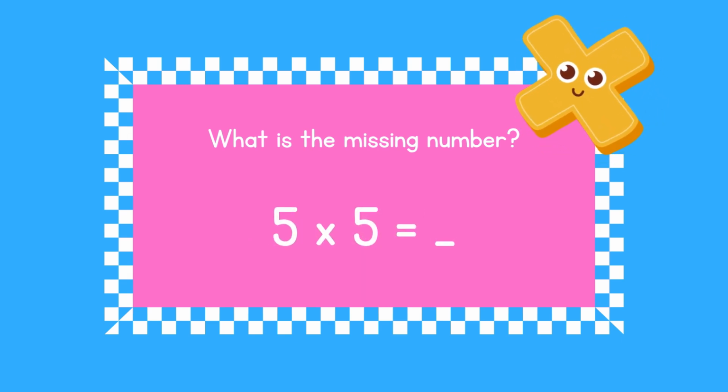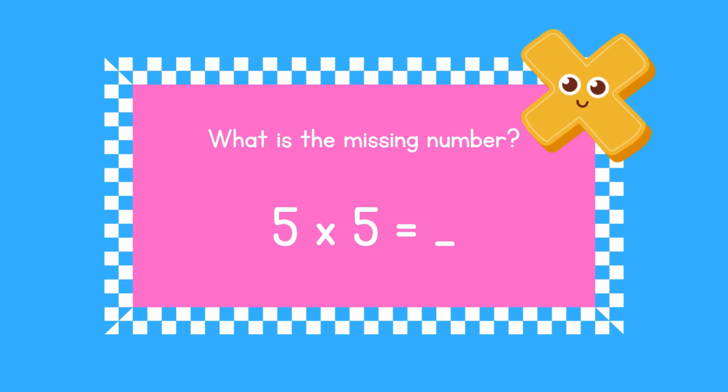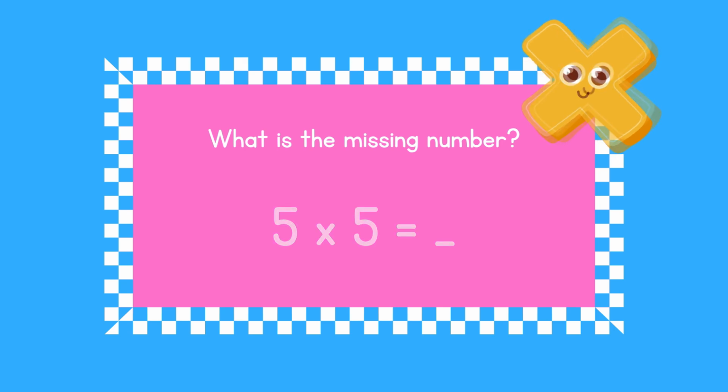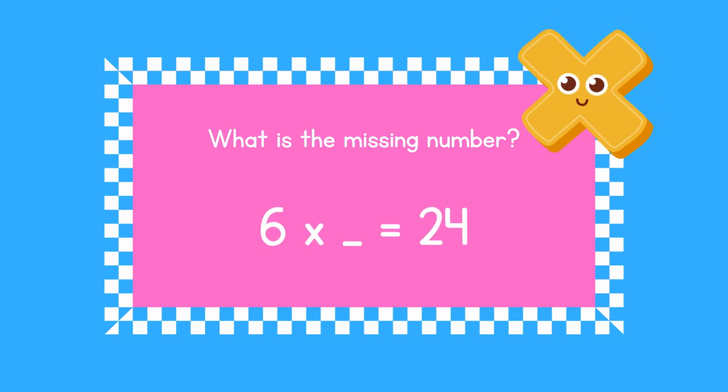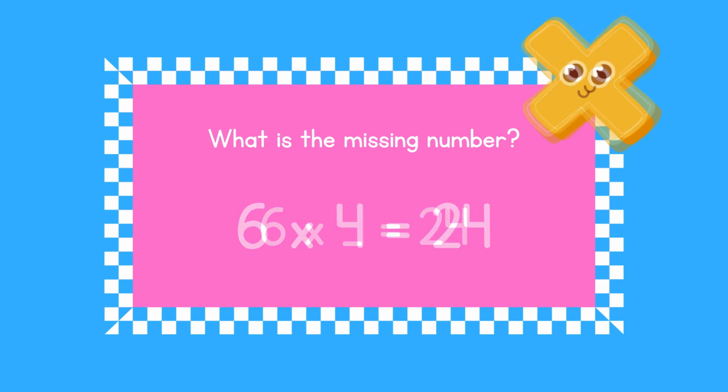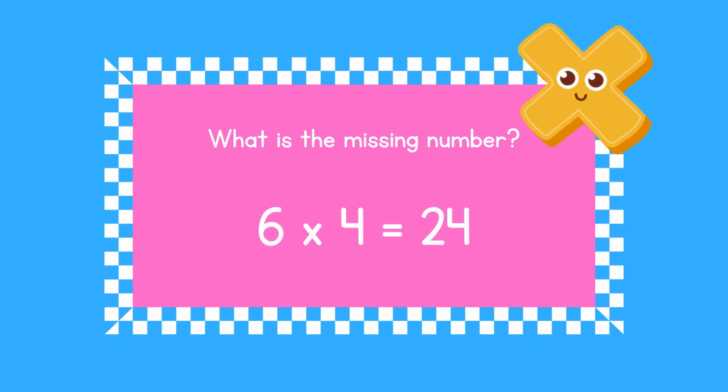Find the missing number. Five multiplied by 5 is 25. Find the missing number. Six multiplied by 4 is 24.